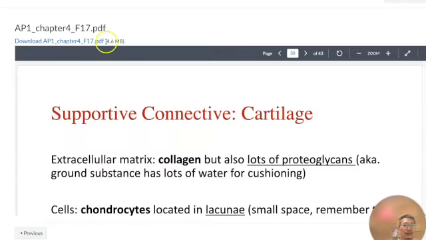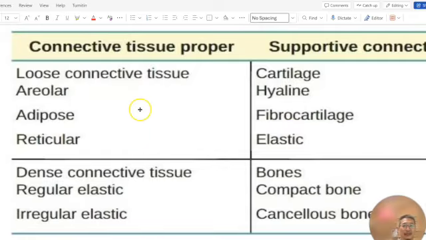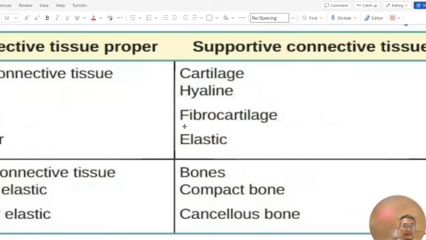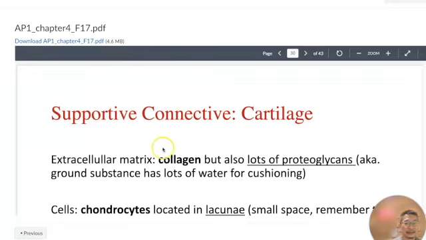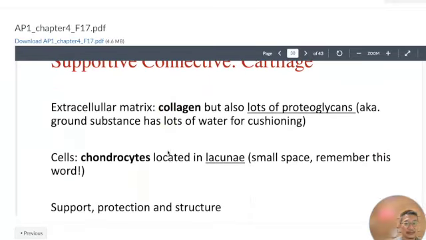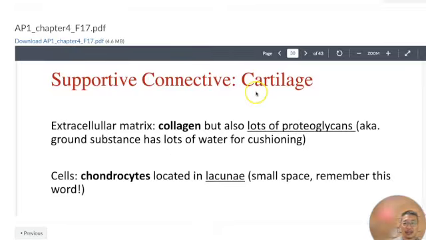Now we move on to supportive connective tissue. There are 3 types of cartilage you need to remember, and then the bones, 2 different types. Supportive tissues are cartilage.